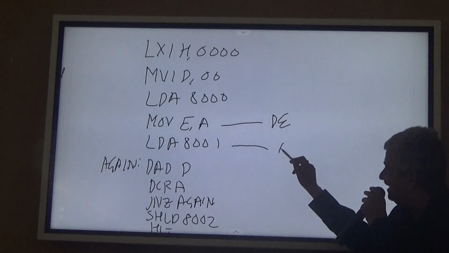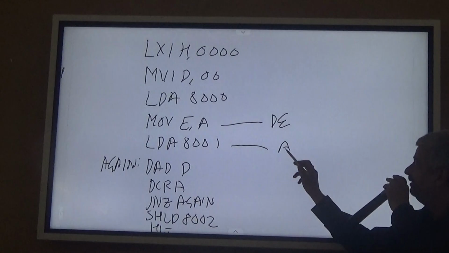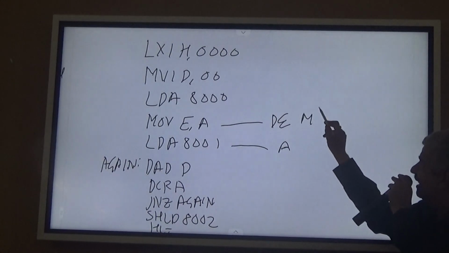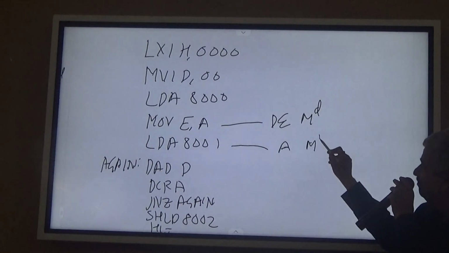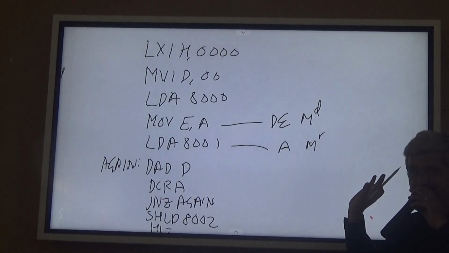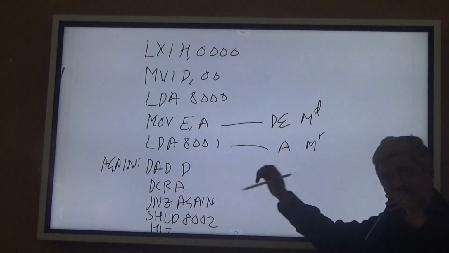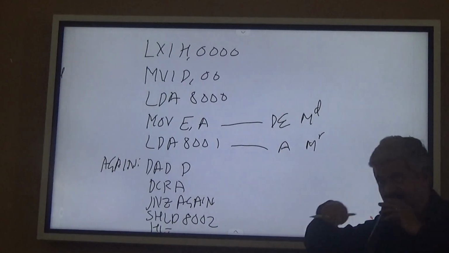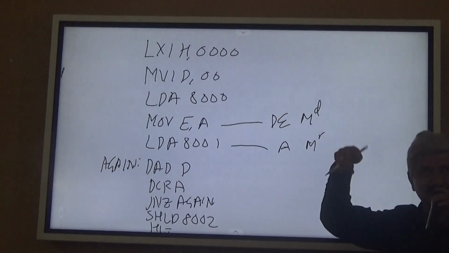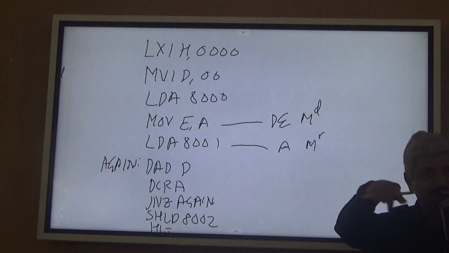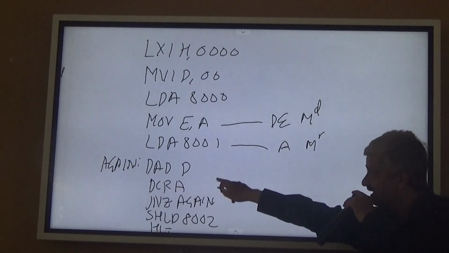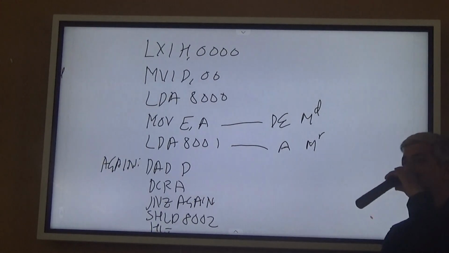Now what does A contain? This is multiplicand. This is multiplier. Right? DAD D: in 0, add multiplicand for multiplier number of times. So DAD D, decrement A, jump on not 0 again.